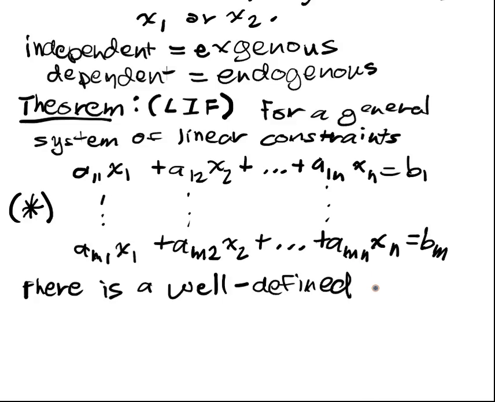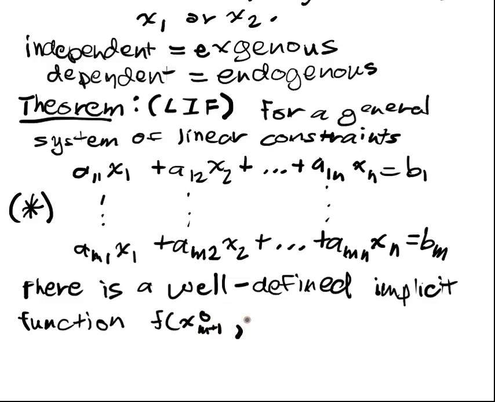Implicit function f of x(m+1) naught. So the naught just means that it's some fixed number, or some number other than just the variable. So I'm actually putting in some number here, plus 2 all the way up to xn.